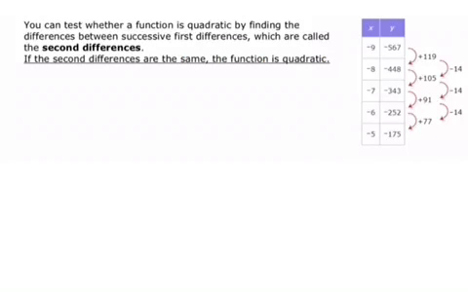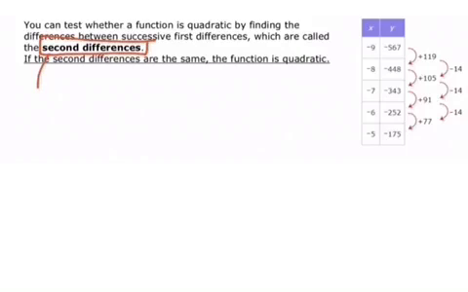Looking at the next one, it's how you determine whether or not something is a quadratic. To do that, you have to take and find the differences between the first differences. So what that means is you're looking at the second differences. If the second differences are the same, that means that the function will be a quadratic.